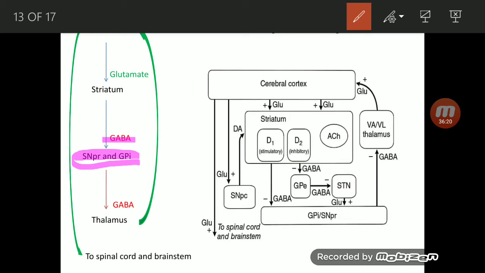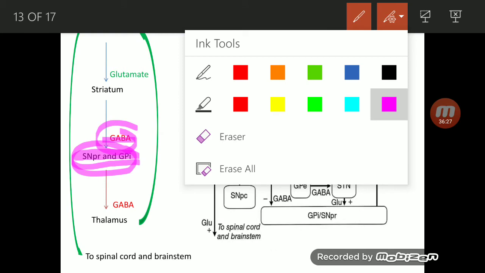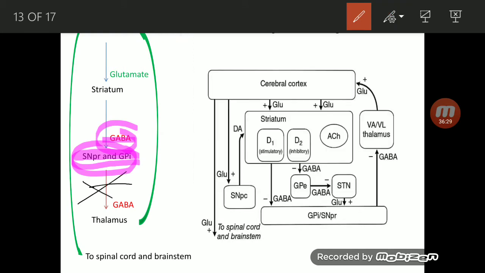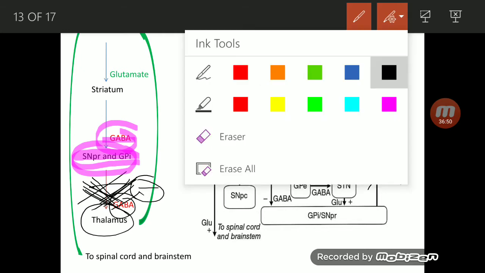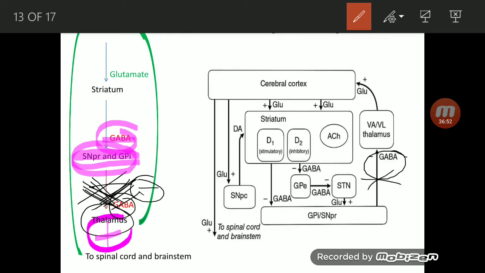Since GABA is released, it is going to inhibit their role. So GABA will not get released in your thalamus. There will be inhibition of the release of GABA to your thalamus. Due to this inhibition of GABA release to your thalamus, the thalamus becomes active in nature.